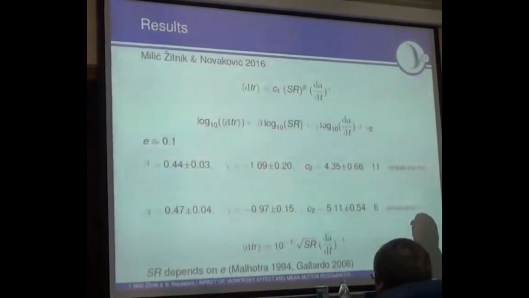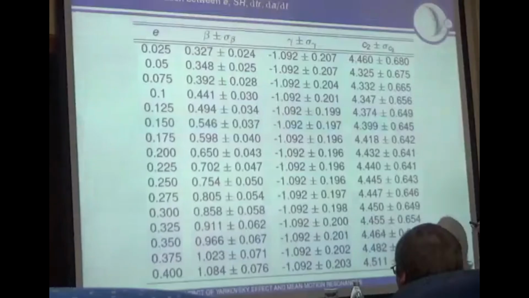This relation is not only a simple inverse proportionality between Yarkovsky drift speed and diameter of asteroids. Also, as we know, the strength of resonances depends very strongly on eccentricity, and we can see this dependence in these two papers. And because of that, we calculated this equation.